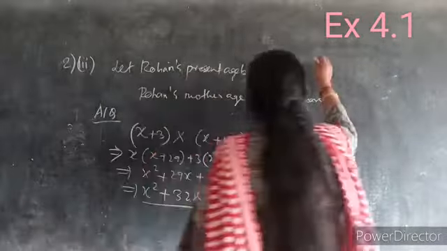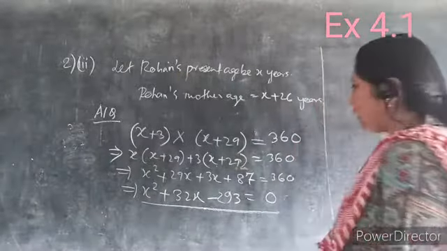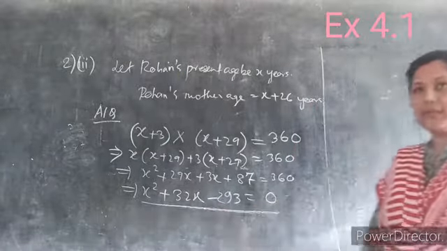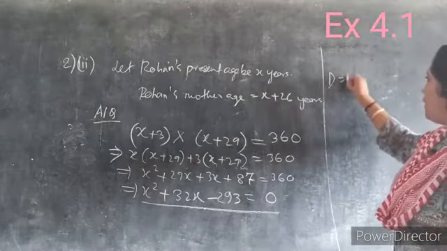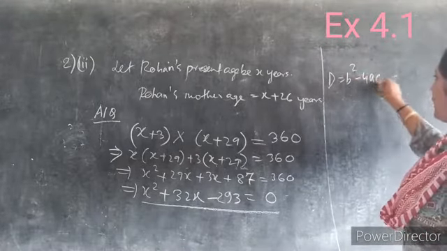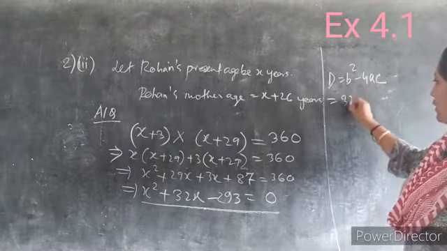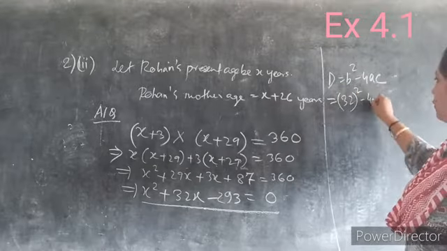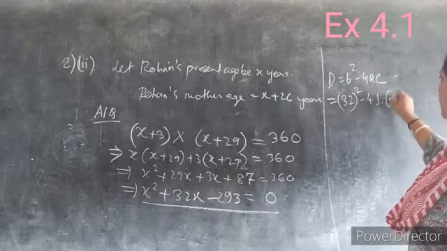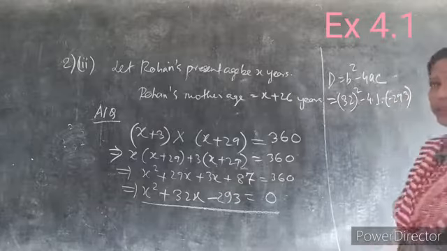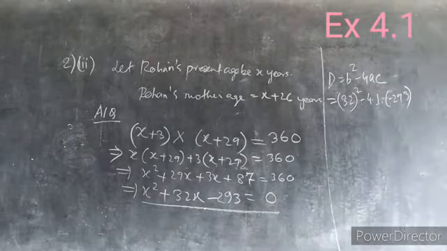So now we have to find this quadratic discriminant value. So it will be b square minus 4ac. So b is 32, whole square, minus 4 times 1 into minus 293. Isn't that it?